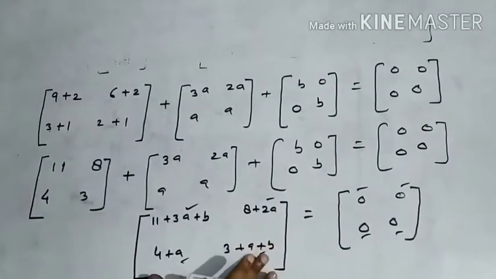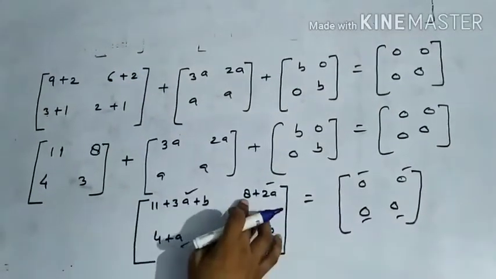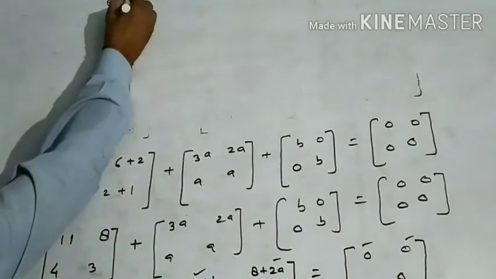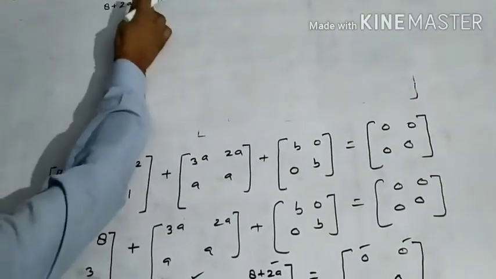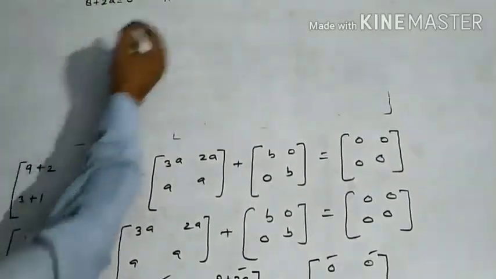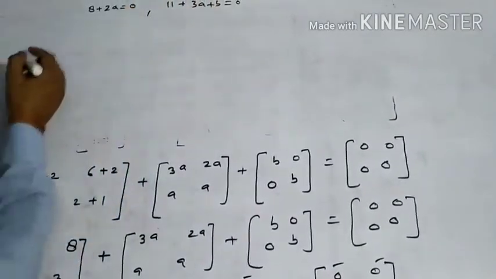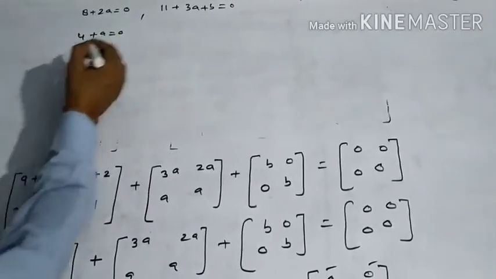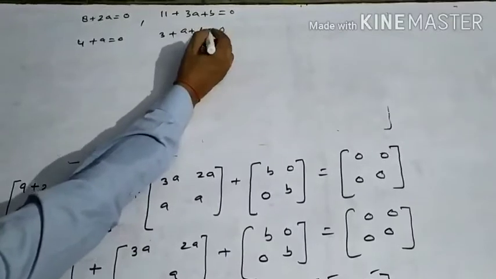Because we want to find out the value of a and b, this is 8 plus 2a equal to 0. Or we can write 11 plus 3a plus b equal to 0, and then 4 plus a equal to 0, and then 3 plus a plus b equal to 0.